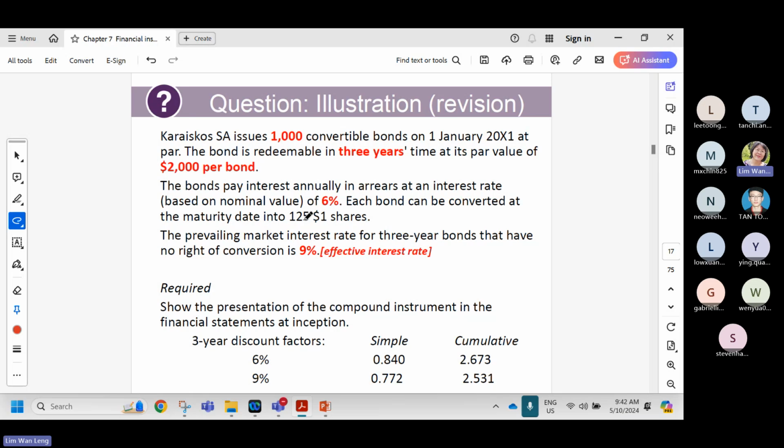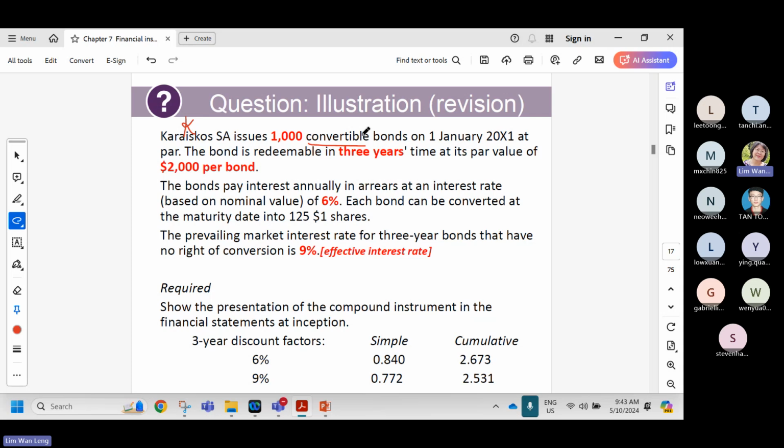Okay, so we can look at the correct cost SA. Now we just call it K company. Tongue twister. They issue 1,000 convertible bonds. The term convertible bonds is the key to tell you that this must be a compound instrument.